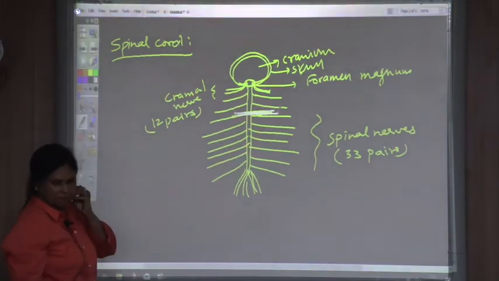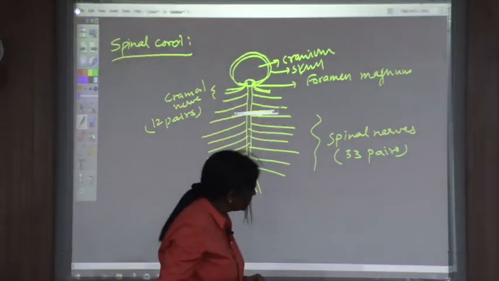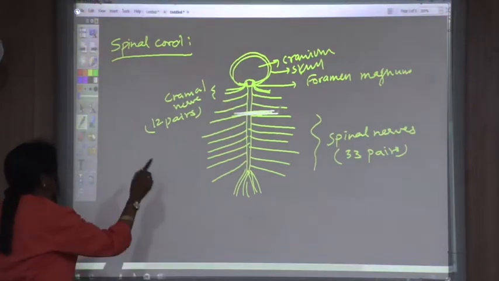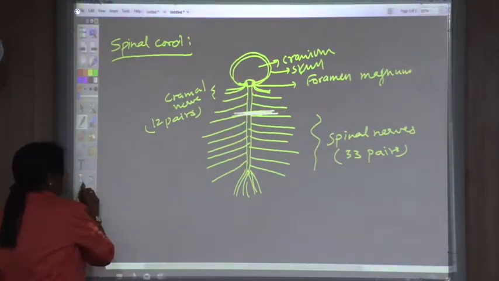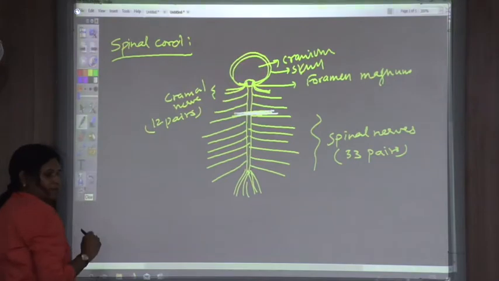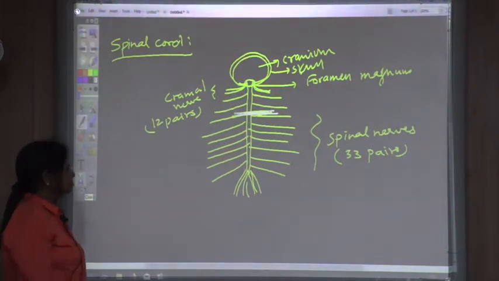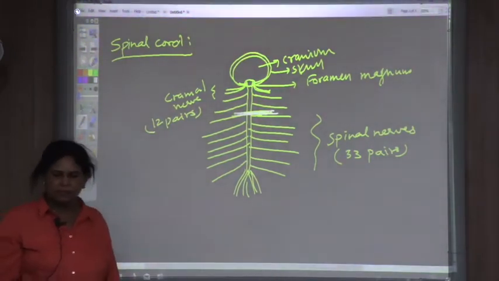the spinal nerves are also of different types on the basis of which part of the spinal cord they are coming out from. There could be cervical, thoracic, lumbar, and the sacral. The first 7 of the spinal nerves are called the cervical nerves, because they are coming out from the neck region.